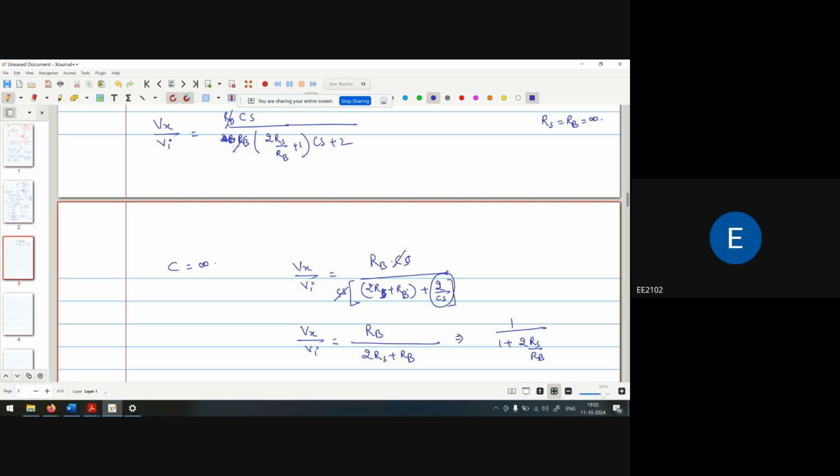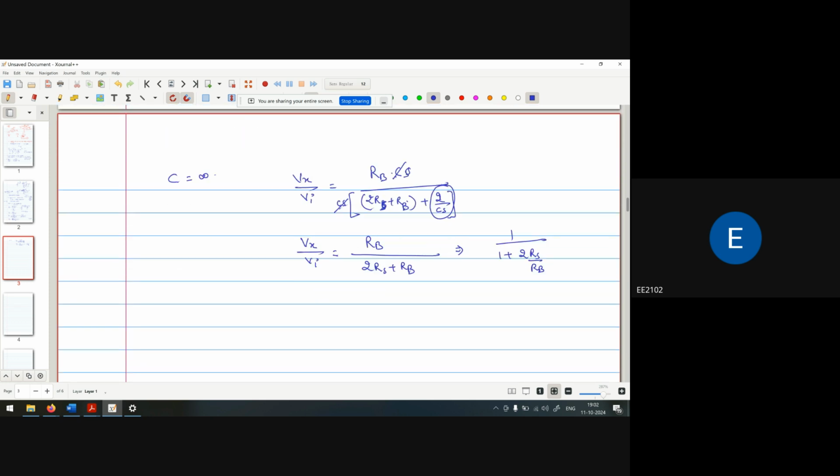One more thing is there. If Rs is less, the series resistance of the input battery, so Rs is less than Rb.